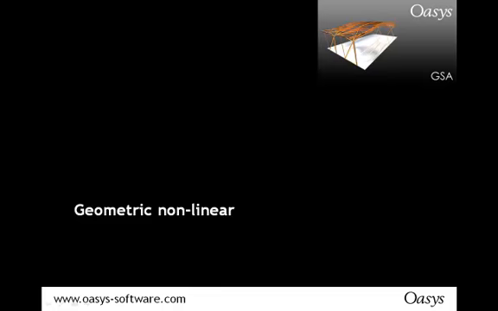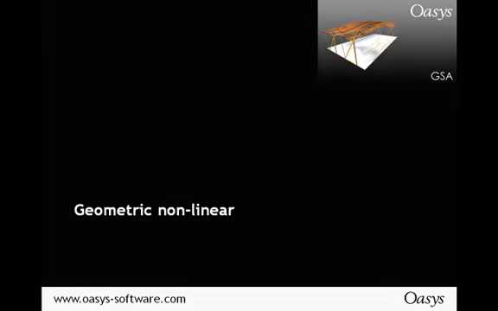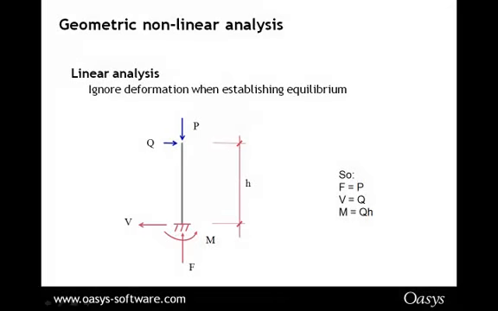First of all, we've got geometric nonlinearity. For a linear analysis, such as this cantilever here, the applied force P is going to be equal to the reaction F, reaction V is going to be equal to Q, and the moment is going to be Q times the lever arm.